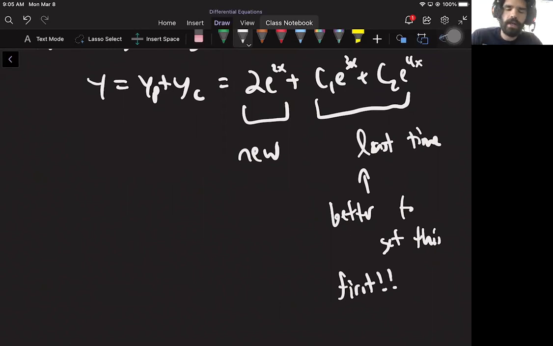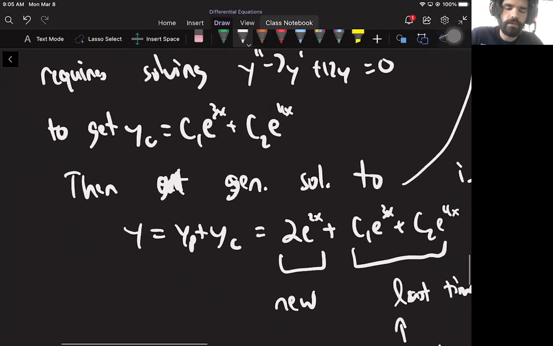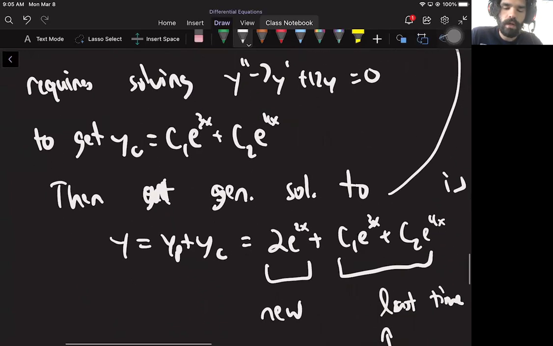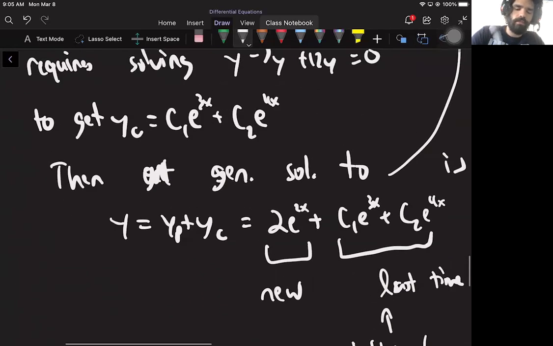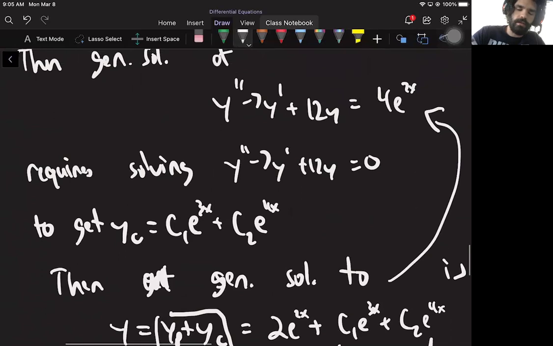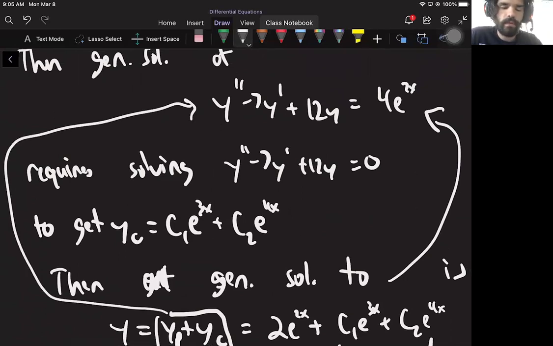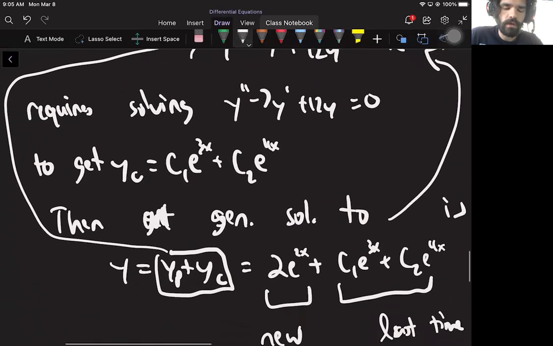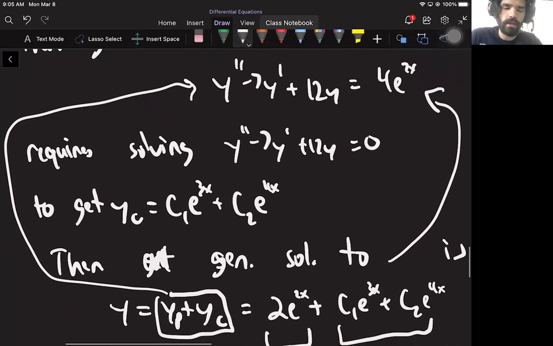Just to be clear, why is this a solution in general? Well, if I plug yp plus yc into here, this will work in general, but I'll do it in this little example to get the idea.